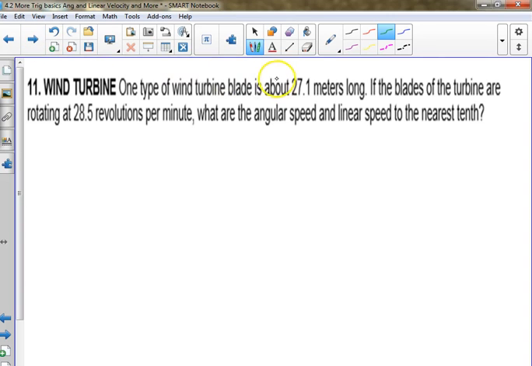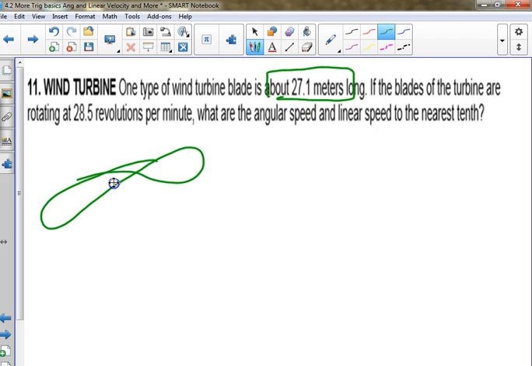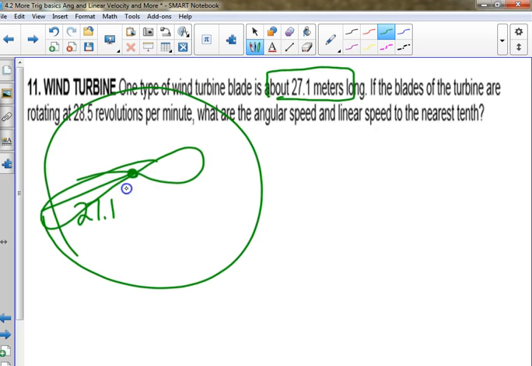Okay. What is this? One type of wind turbine's blade is 27.1 meters long. What is that telling us? If we have a wind turbine, oh, that's a really bad drawing, and this blade is 27.1, when it's rotating, that's the what? Radius. Okay, it's rotating at 28.5 revolutions per minute. Is that an angular speed or a linear speed?